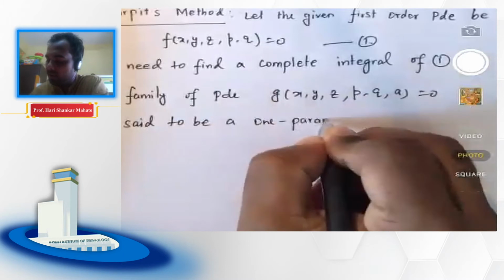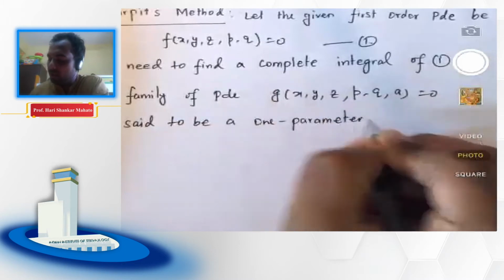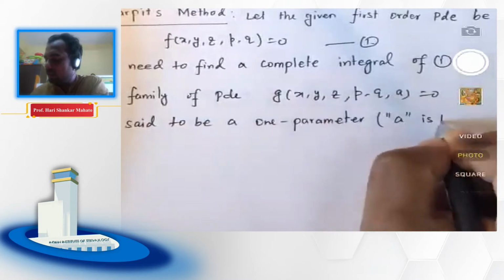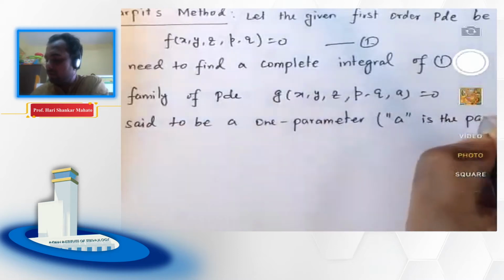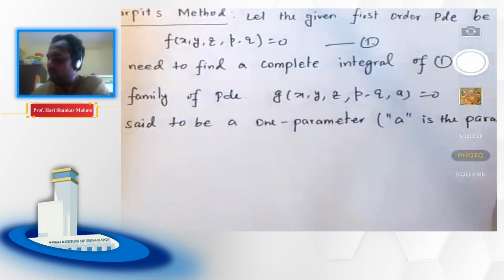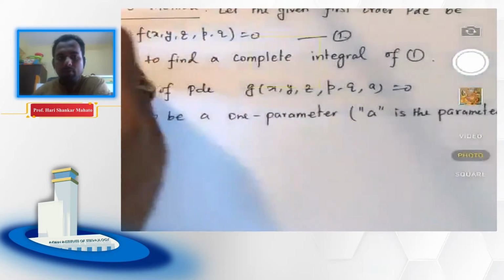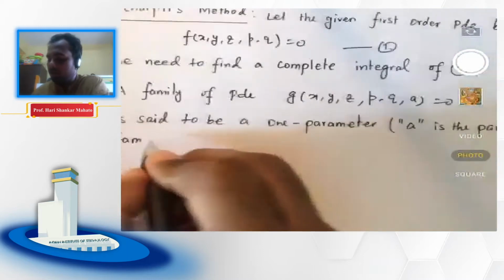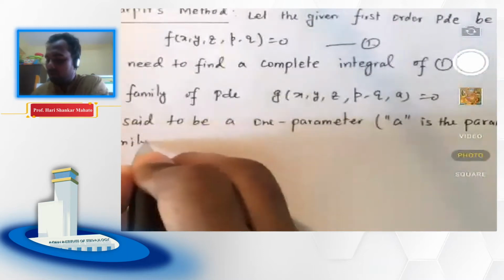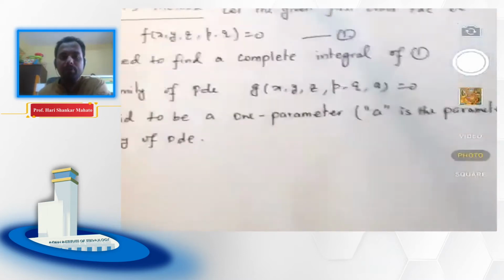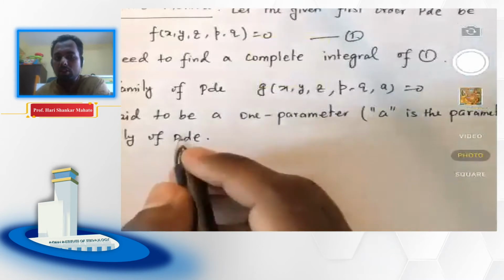Because a is a parameter, it is said to be a one parameter family of PDE, where a is that parameter.